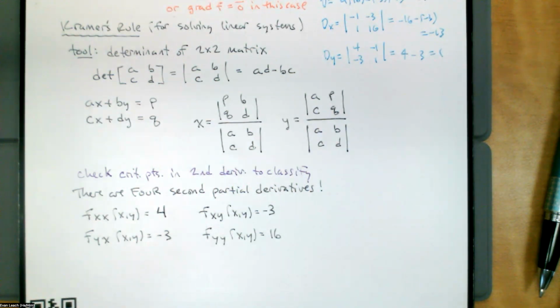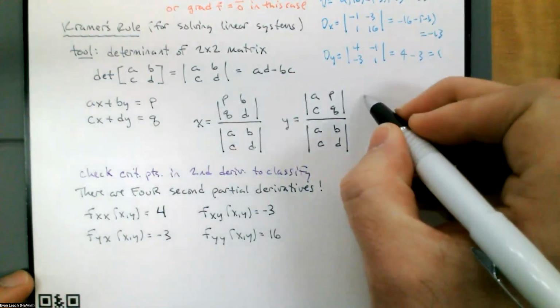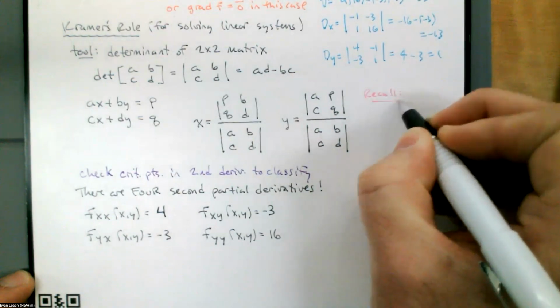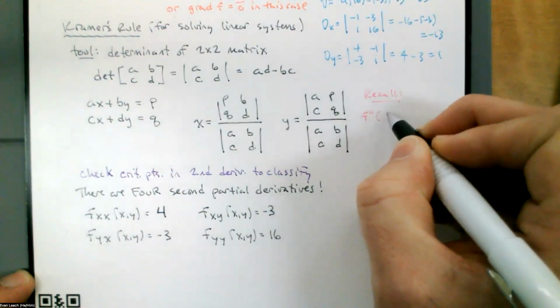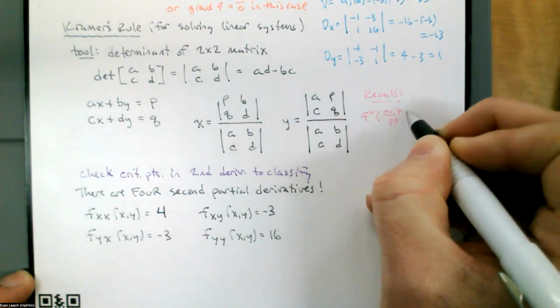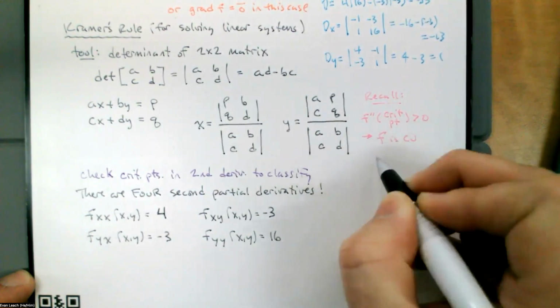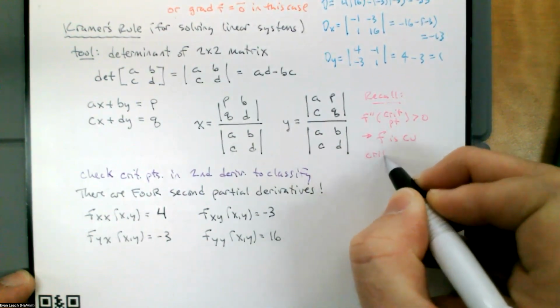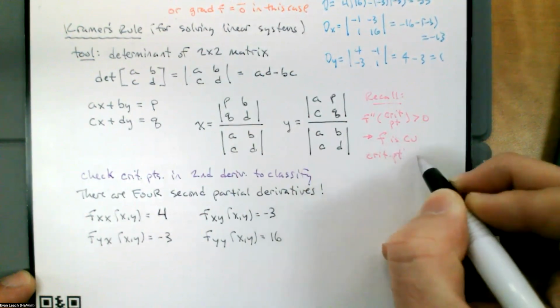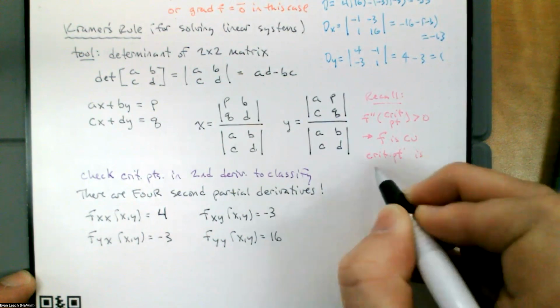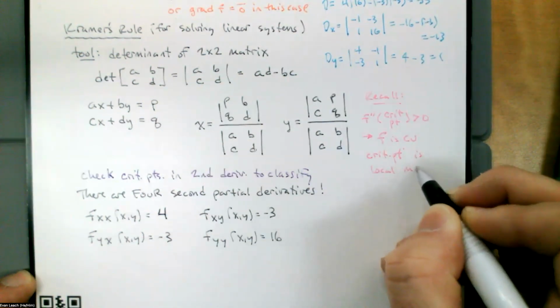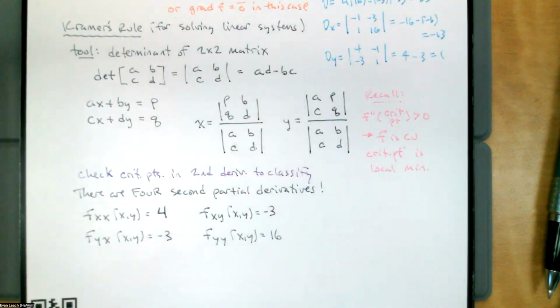So recall, if we check the second derivative at a critical point and it came out positive, we concluded that the function is concave up at the critical point, and the critical point is a local minimum.